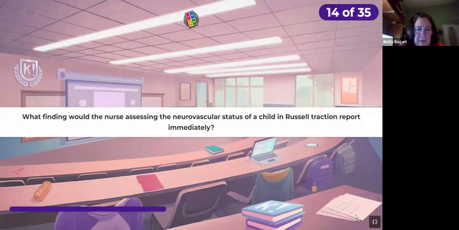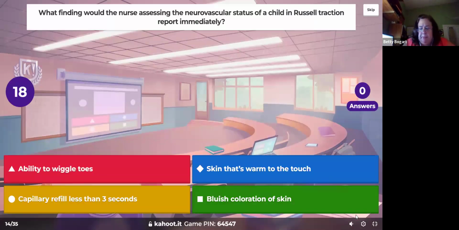Finding with the nurse assessing the neurovascular signs of a child in Russell traction: report immediately. Remember, Russell traction, children less than 2, 20 to 30 pounds. We use it for fractured femurs, dysplasia of the hip.